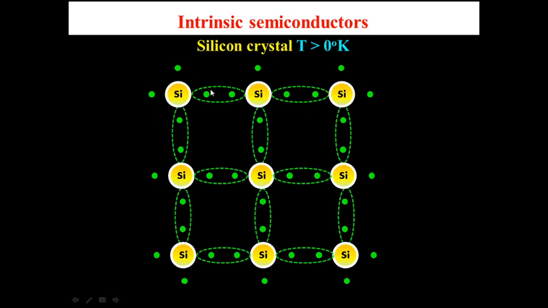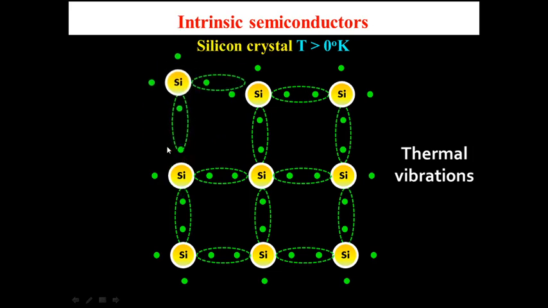As the silicon atom is vibrating about the mean position, it means that the whole crystal is vibrating about the mean position. I am showing the animation. Suppose this silicon atom is vibrating about the mean position because of the thermal vibration.